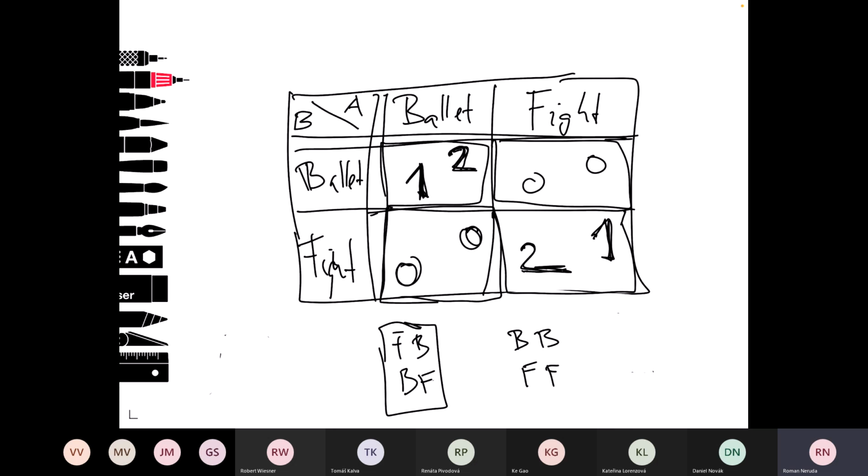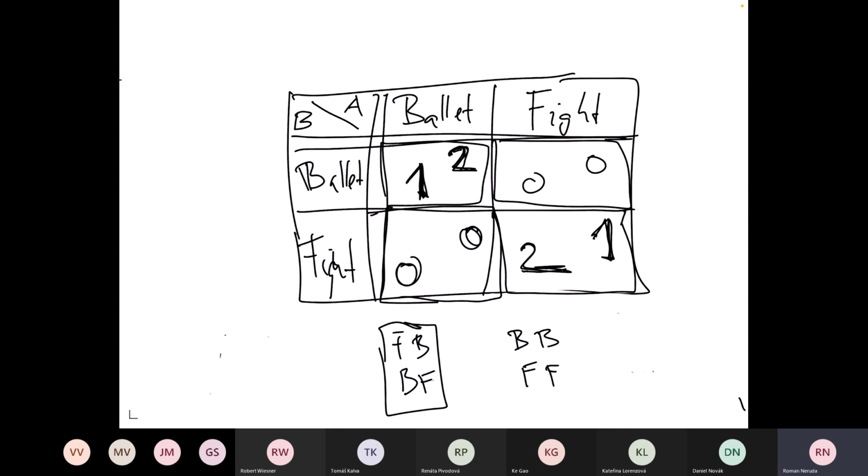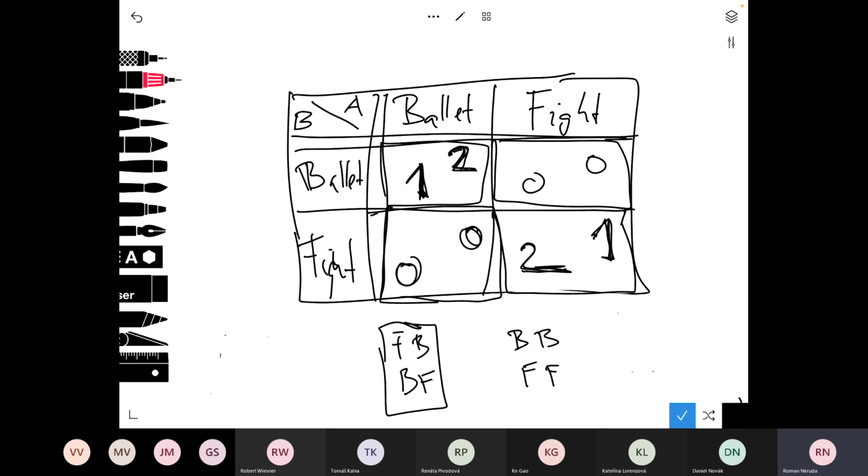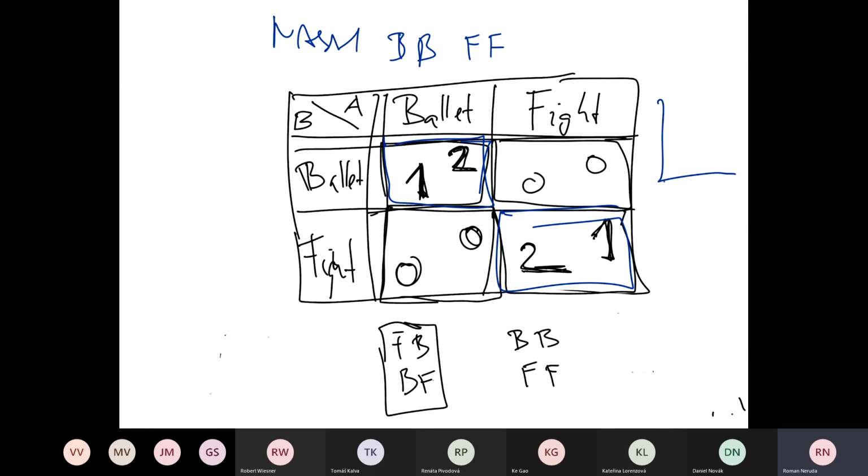So obviously, what we know is that the Nash equilibria are BB and FF. Are they also Pareto optimal? Yes, they are, because they're sort of the corners, right?